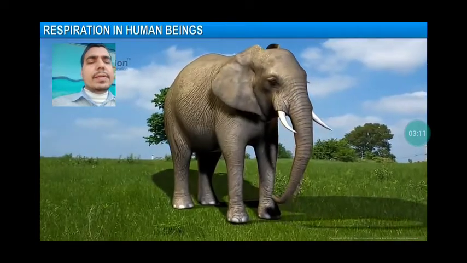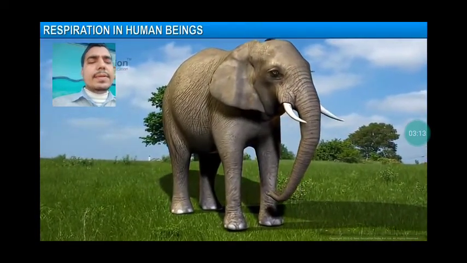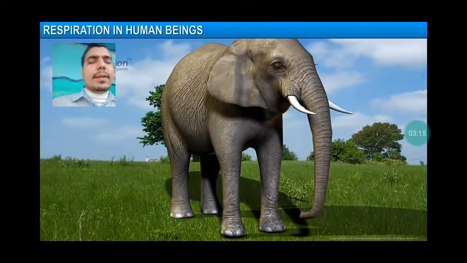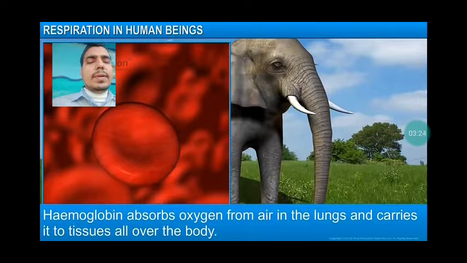In large animals like elephants, it is difficult for oxygen to reach all the parts of the body through diffusion. Hemoglobin, a respiratory pigment present in red blood cells, has a high affinity for oxygen.